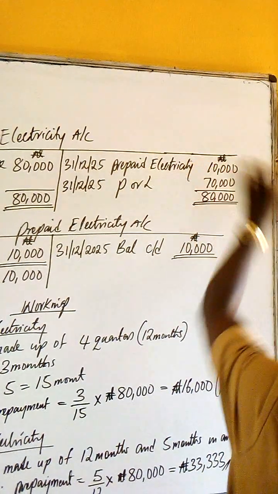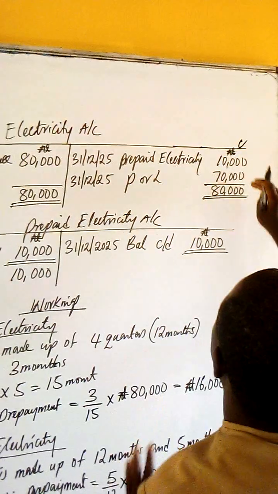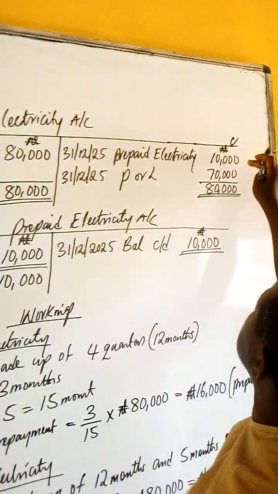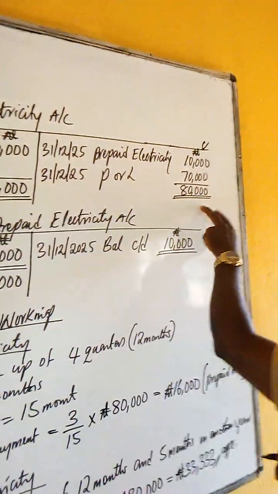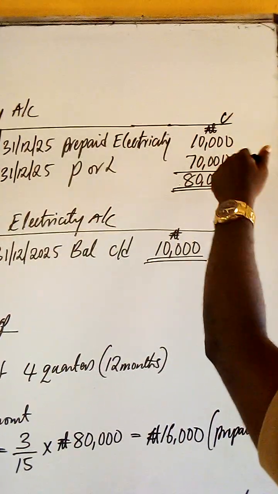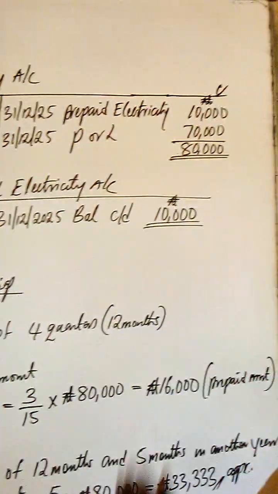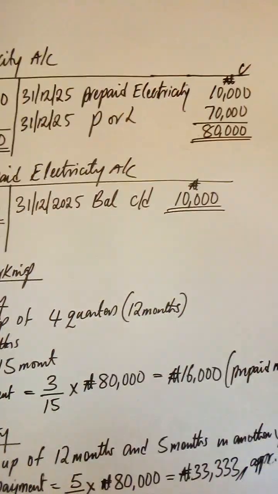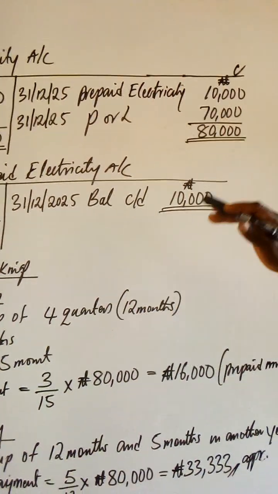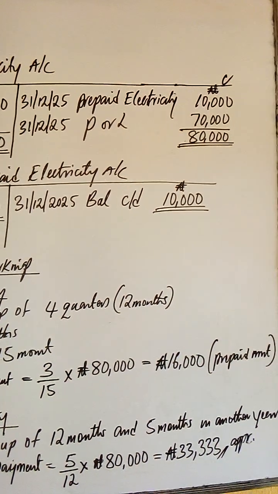So posting it on the credit side, then by way of balancing, 80,000 minus 10,000 will give you 70,000. That means if there's prepayment, by the time you deduct 10 from 80, you get 70,000, which will now serve as the balance, the amount that we charge in the profit or loss under operating expenses.